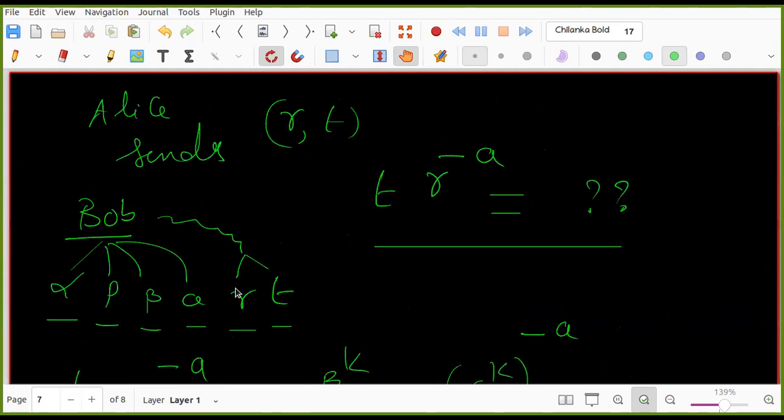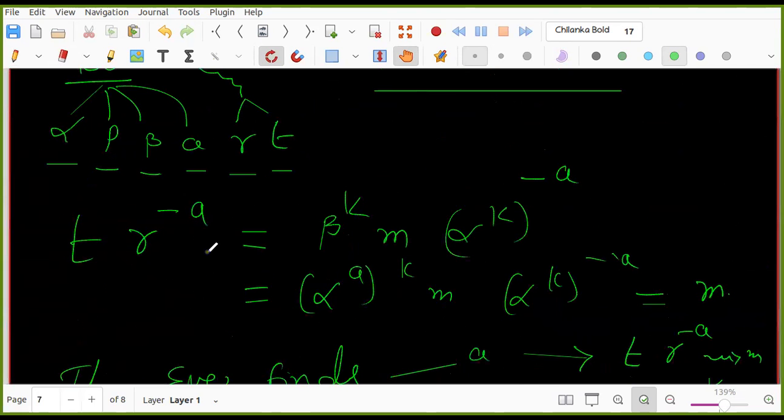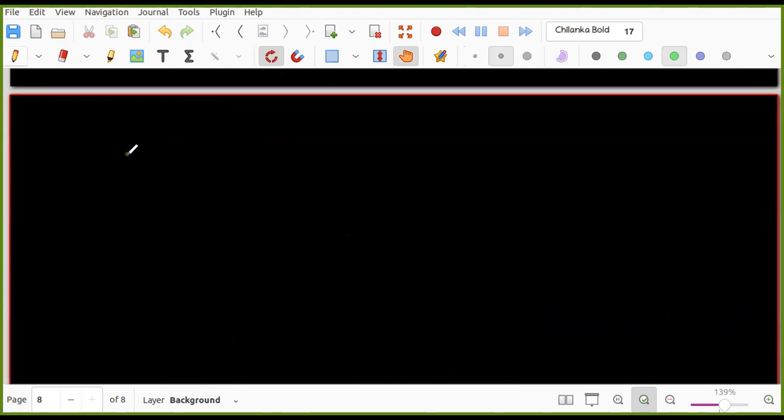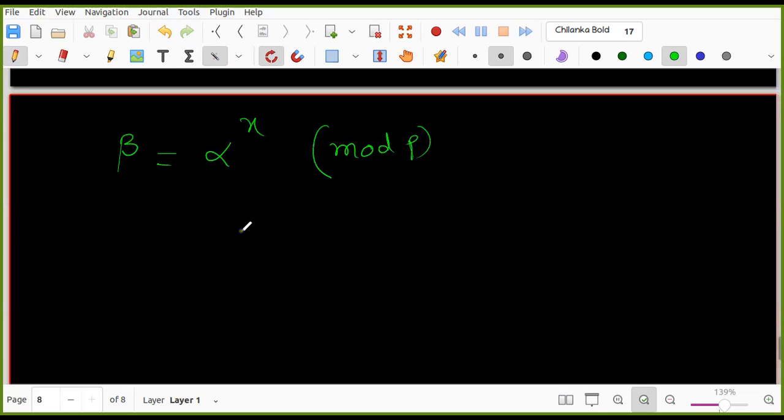Okay, now let us discuss a little bit about the discrete log problem. So you understand the importance of the discrete log problem. Suppose I have beta is equal to alpha power x mod p, where alpha is a primitive root.